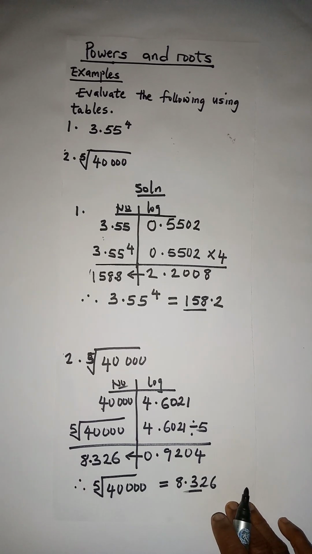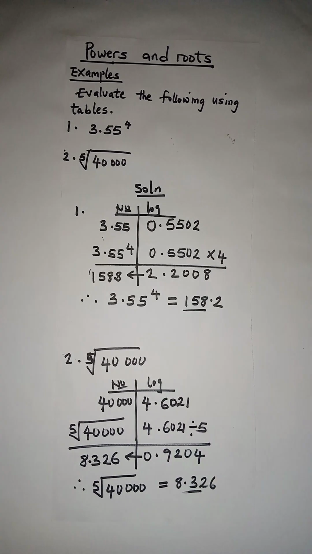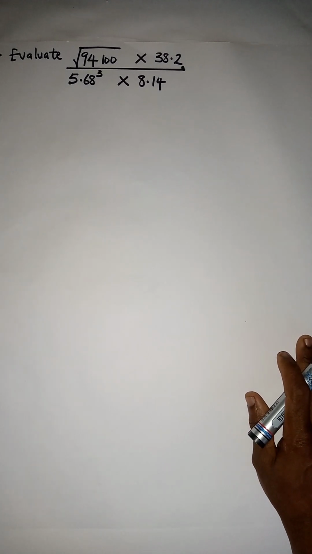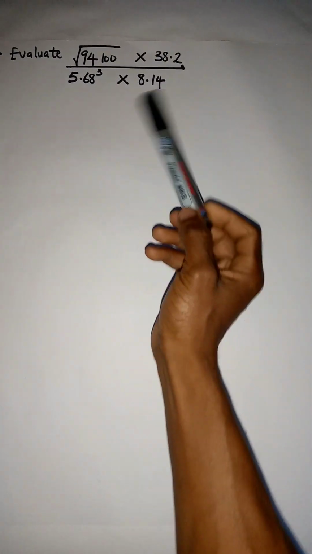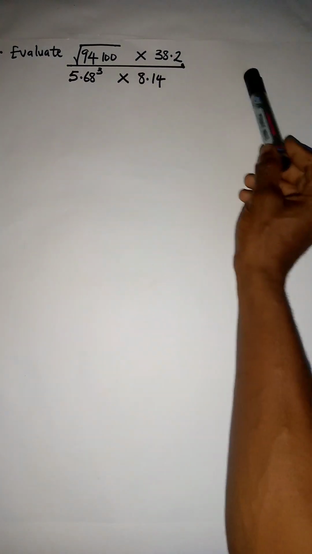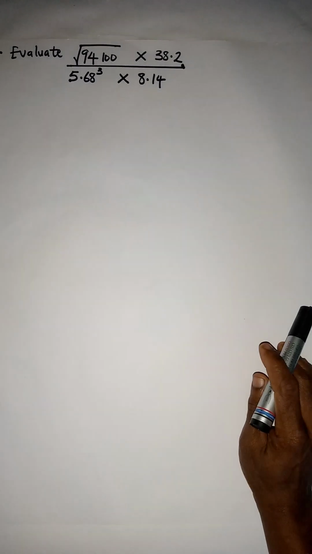All right, let's check another example I have here. It's a very beautiful question. In the question we're told to evaluate the square root of 94100 times 38.2 divided by 5.68 raised to power 3 times 8.14.